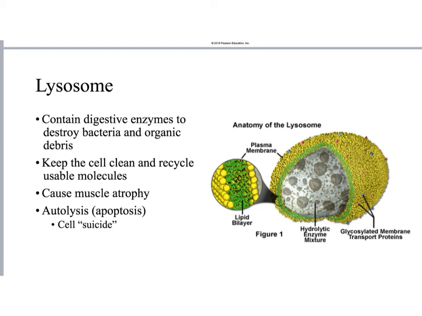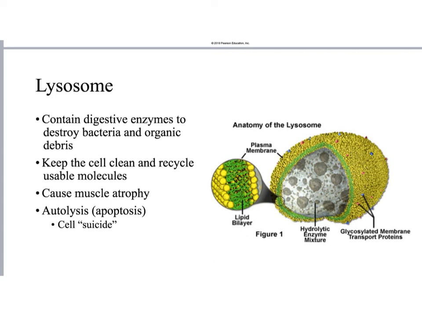The body also uses it, however, for types of cell death. So there are times, for example, when the whole cell is not working properly, the whole cell has become damaged or old, and you need a way of removing that dead tissue. You can't just let damaged and dead cells build on top of each other. There's not enough space.